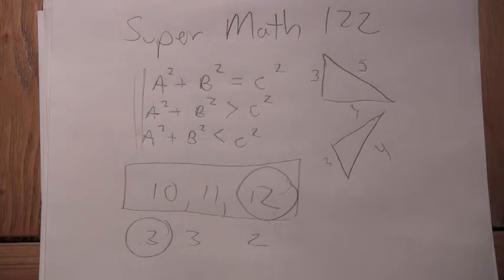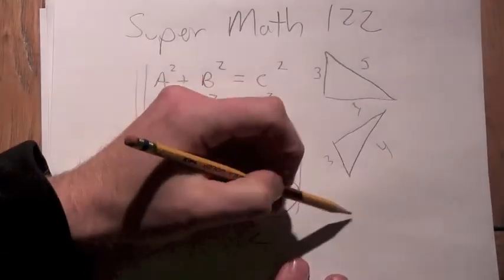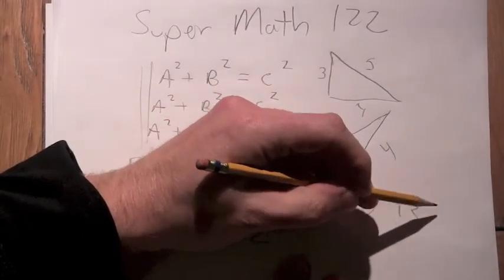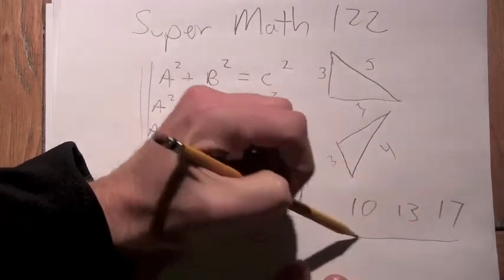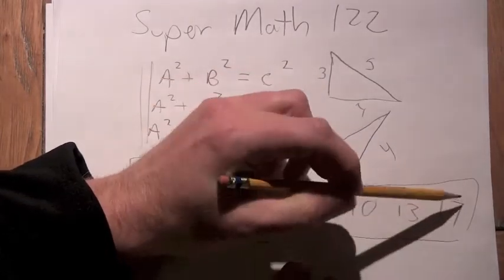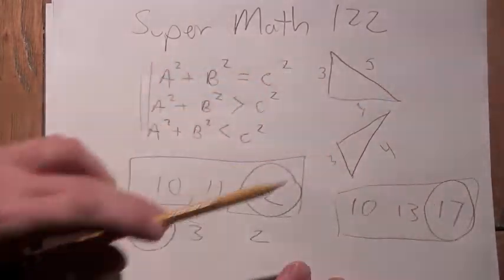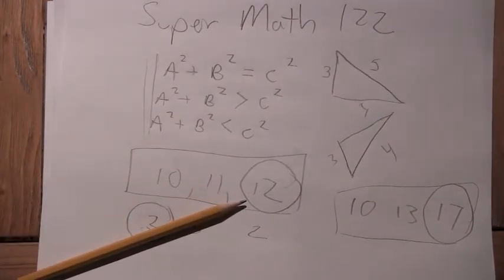Now you give me 3 numbers. How about a 10, 13, 17 triangle? Interesting. Okay, so let's look at the angle opposite the 17. What can we say there? Well, 13 squared is 169. 17 squared, I think it's 289.